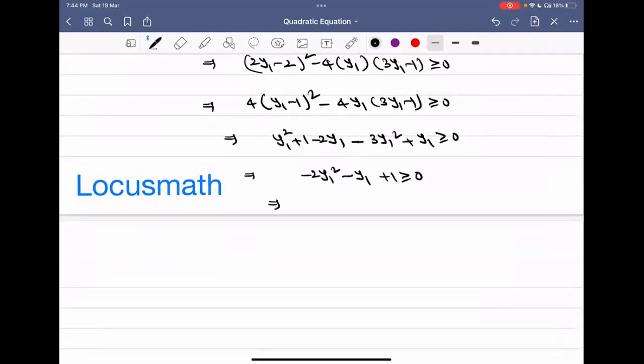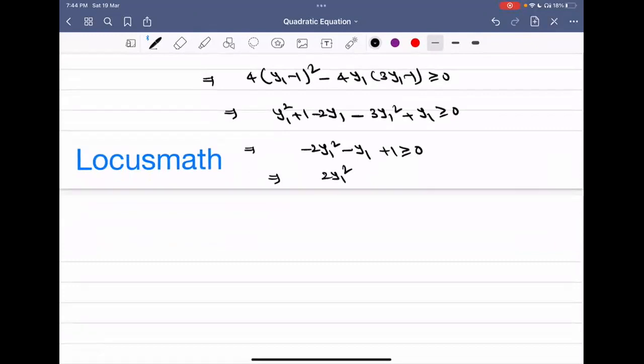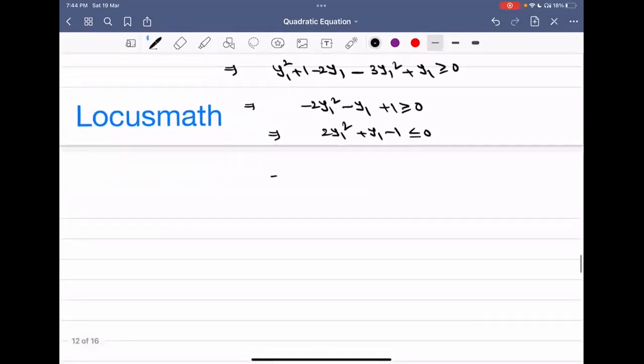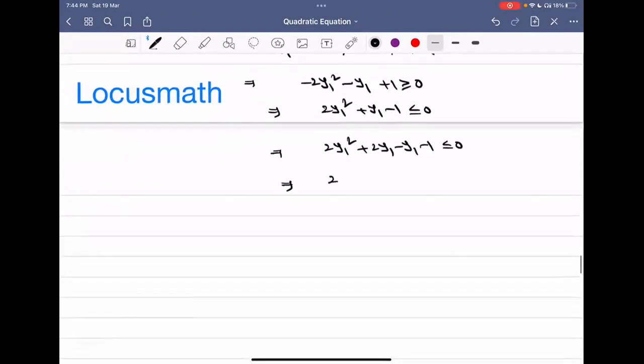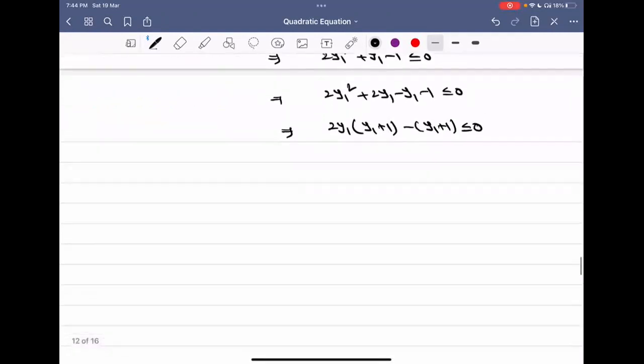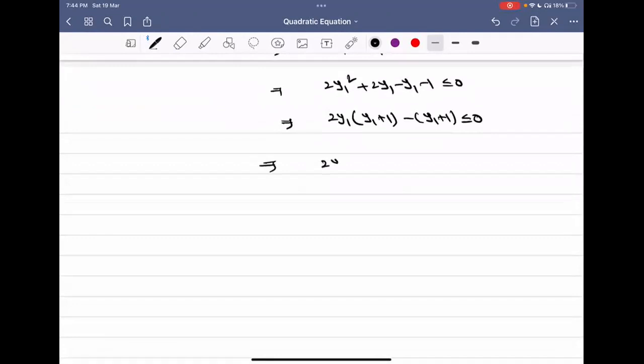If you take minus out common and cancel out, the inequality changes. Therefore, 2y1 square plus y1 minus 1 is less than or equal to 0. If you factorize it, then what you get? This is 2y1 square plus 2y1 minus y1 minus 1 is less than or equal to 0. That implies 2y1 common, therefore 2y1 into y1 plus 1 minus, take out common, y1 plus 1 is less than or equal to 0. So this implies 2y1 minus 1 into y1 plus 1 is less than or equal to 0.